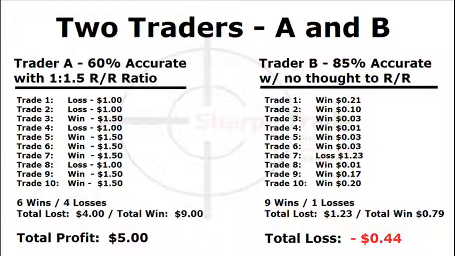But you see what happens with Trader B. There's no thought to a risk-reward ratio. Generally, folks that fall into the Trader B camp do not like to accept a loss. They will do anything to avoid it. And so what ends up happening is they'll get themselves in a situation like trade 7 there.